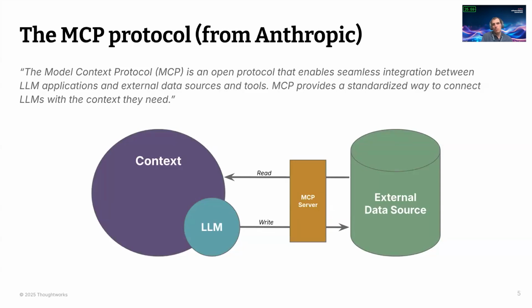If you want to know something very specific about your particular situation, it will not be able to help you. So the MCP protocol, what it enables is the LLM to connect to external data sources and expand this context with the use of tools.